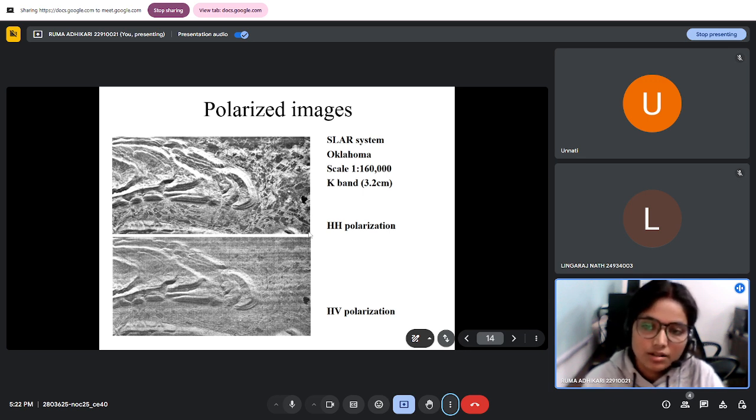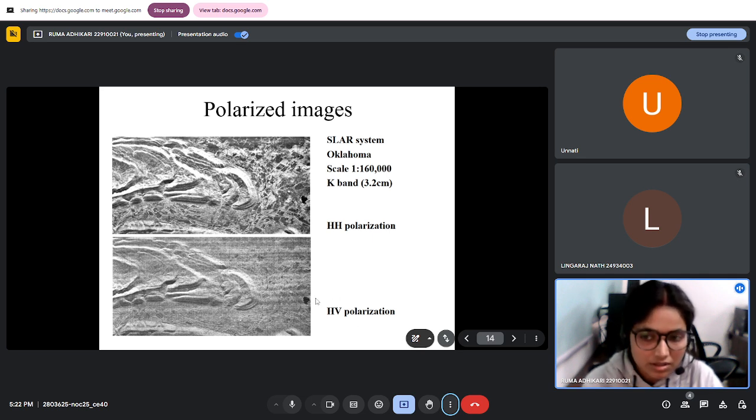It is sensitive to horizontal surfaces. In HV, the vertical is transmitted, but the orientation changes and we receive the horizontal. So here it is sensitive to vertical structures.